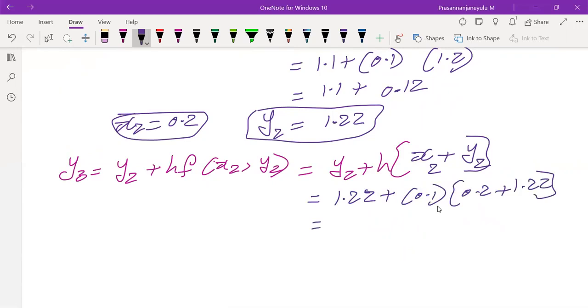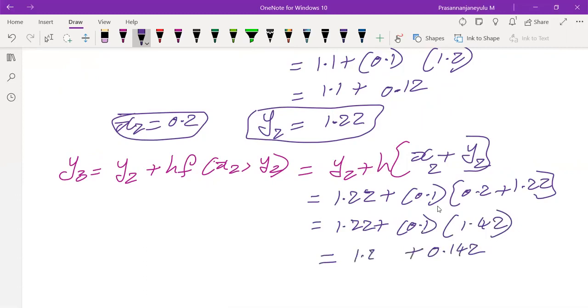So by simplifying this, 1.22 plus 0.1 into 1.42. So if we multiply this 1.42 with the 0.1, we are going to get 0.142 plus our y2 value is 1.22. So finally we'll get 1.362 is the value of y3.